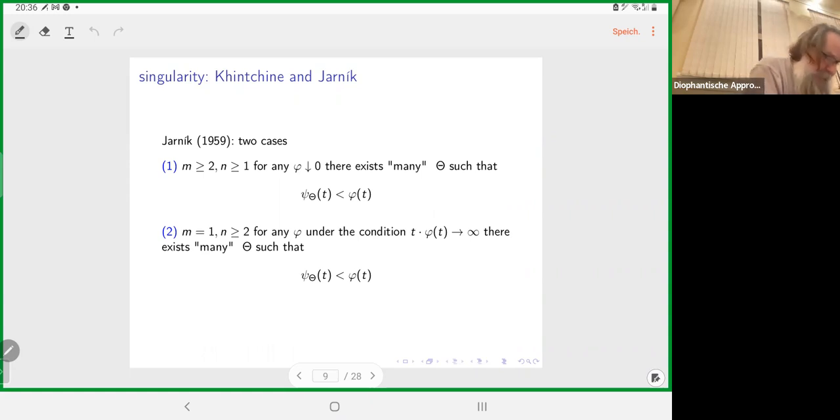He considered the general case of an m times n real matrix theta, where m is the number of variables and n is the number of linear forms. So m is the dimension of the subspace.